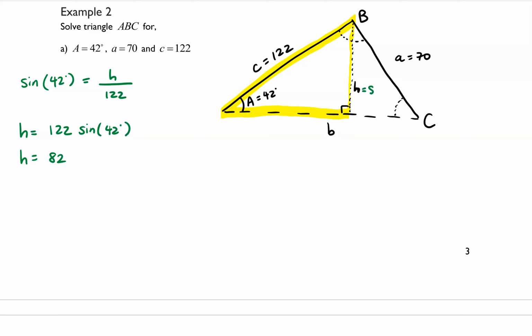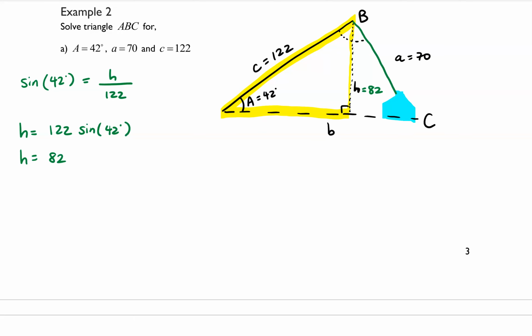So this is 82 here, which tells me that I have not drawn this triangle correctly because this side length here is definitely not to scale and it needs to be shorter, so it would look something like that, which tells me that there's a gap here and it's not actually connecting.